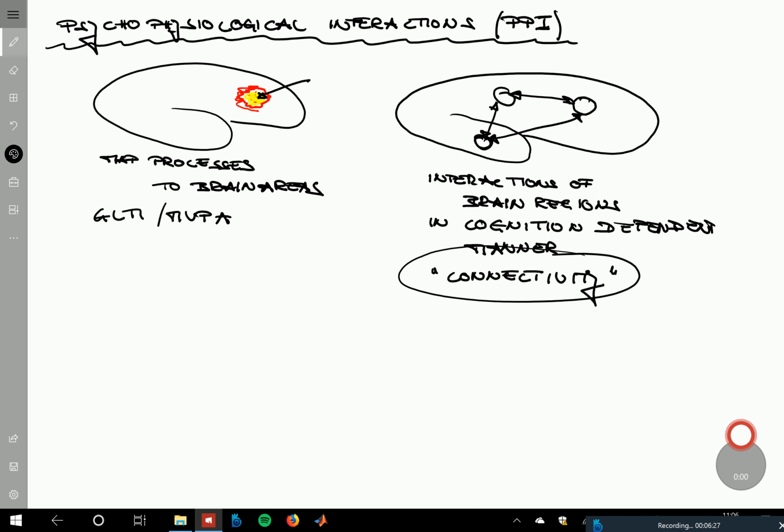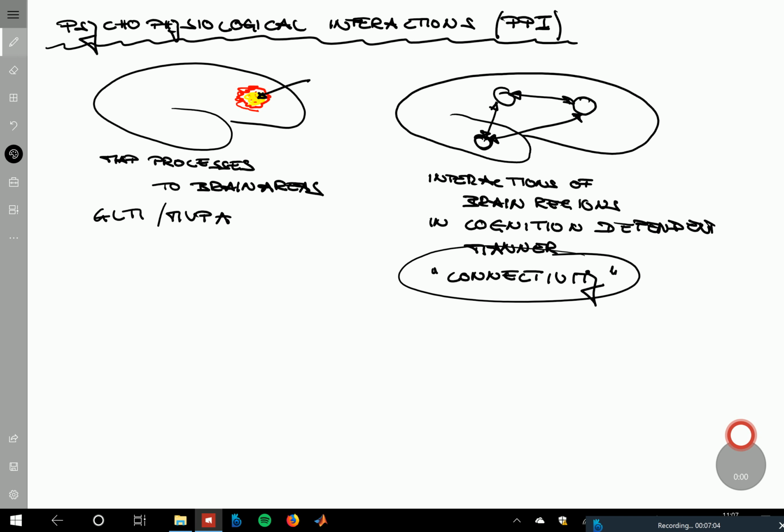The typical analysis techniques in cognitive neuroimaging, so when it's about cognitive processes and not about resting state only, are PPIs and DCMs. In the whole resting state literature, you also find a lot of correlation analyses, but these are always independent of any external perturbation, any experimental influence, because it's resting state, so people didn't do anything in the scanner, just mind wandering.